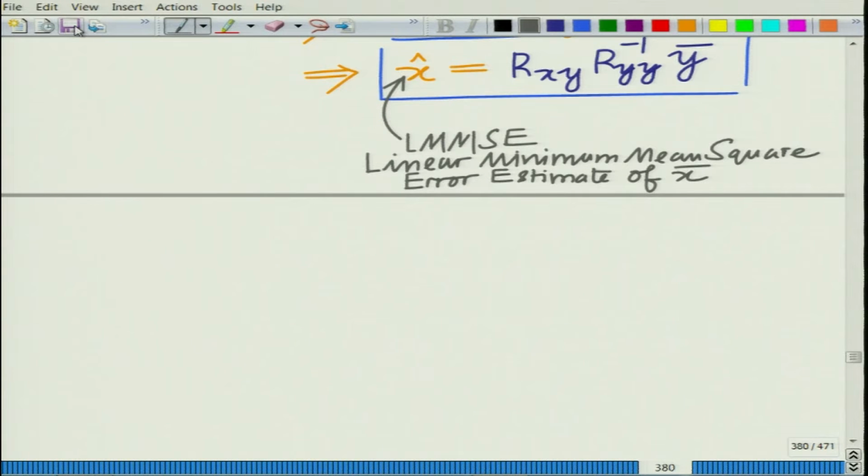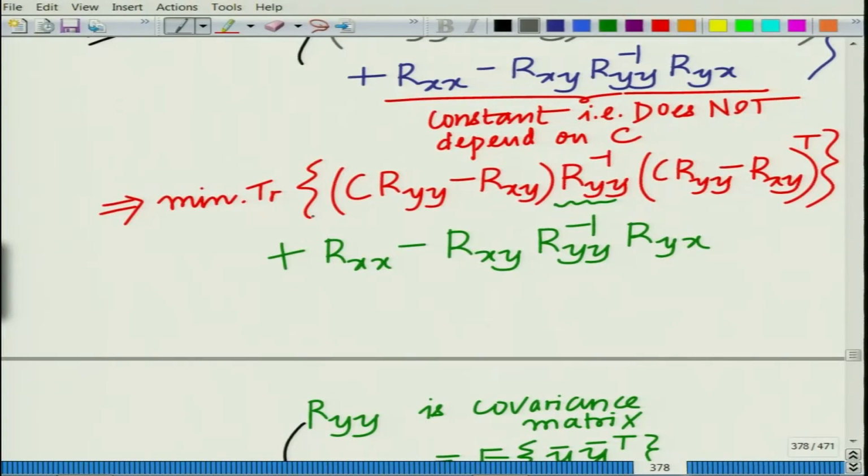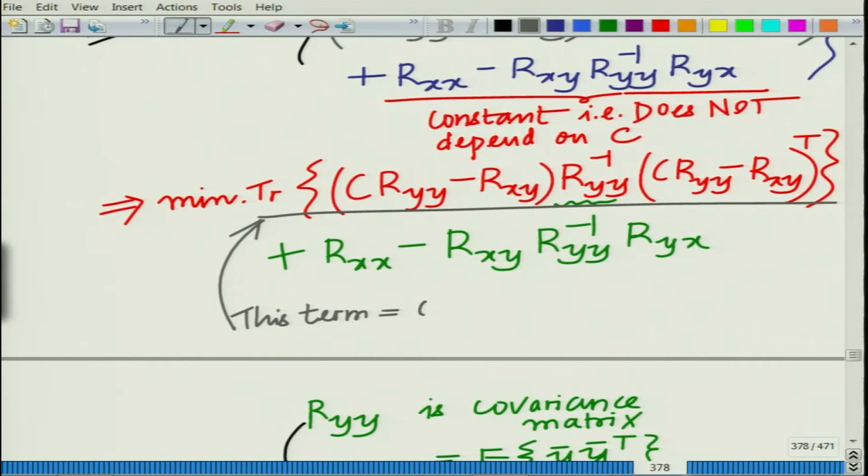And what is the minimum error corresponding to this? If you look at this, remember the first term can be reduced to 0. This term reduces to 0, which implies the error equals the second term.